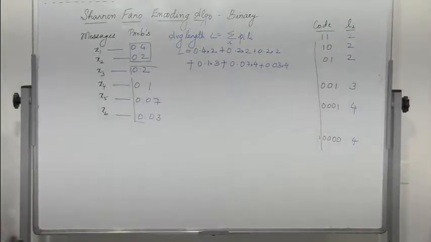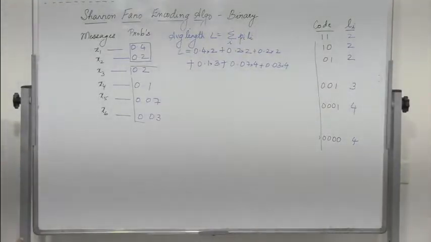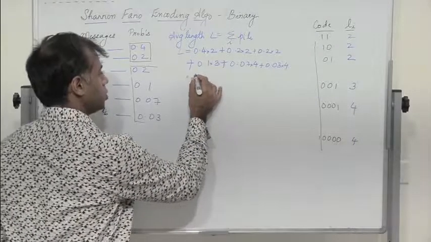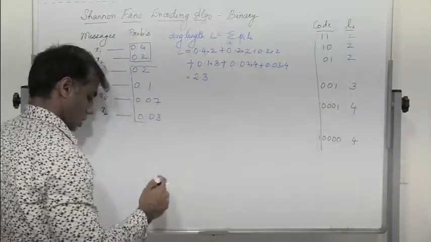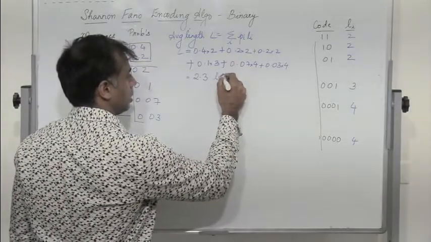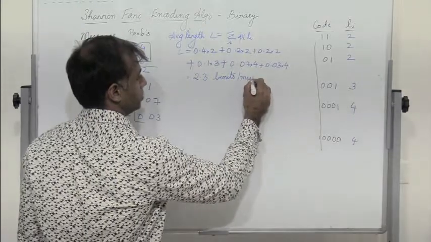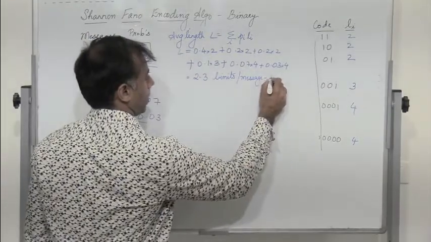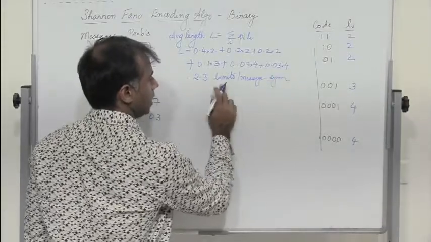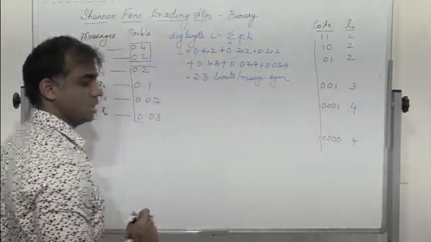Right? So this is the average length. So when you sum up all, you get 2.3 binary units per message symbol. Right? So binary units per message symbol.